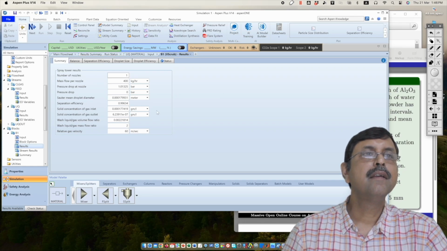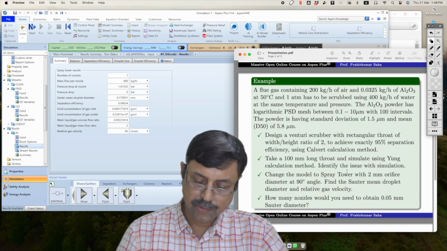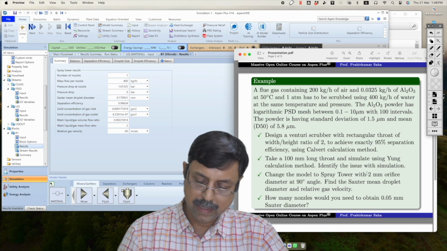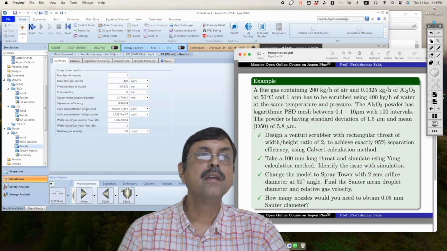Here again, you see the Sauter diameter. It is 0.18 millimeter. And what is the nozzle diameter? We had chosen the nozzle diameter to be 2 millimeter. 2 millimeter orifice diameter of the nozzle.